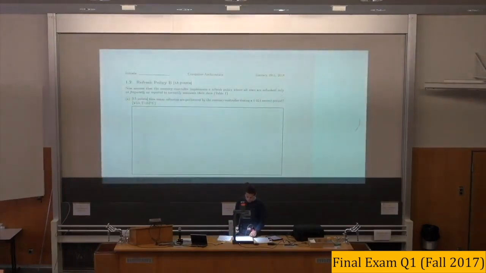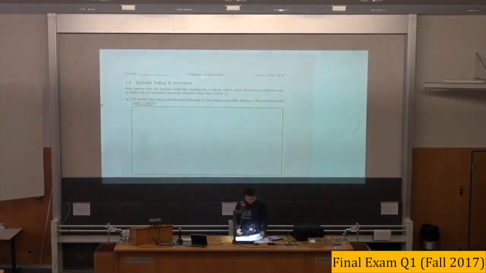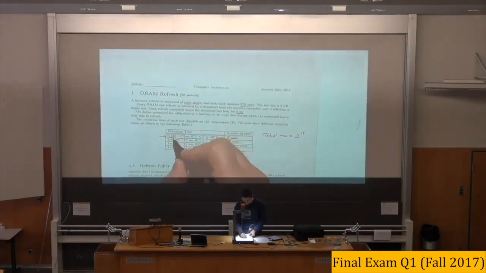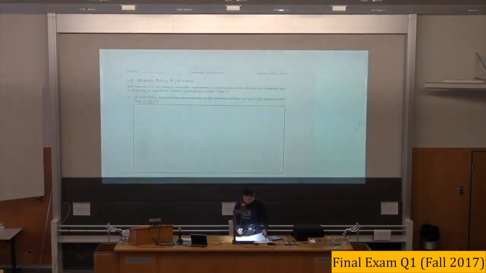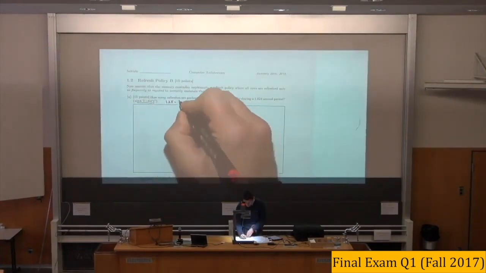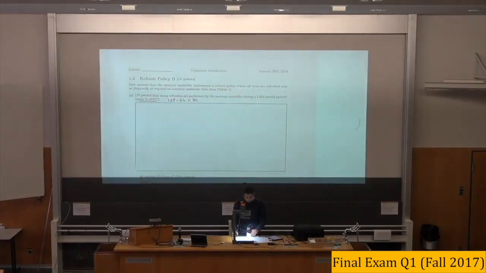So we are given a temperature which is 64, and let's directly calculate the retention time for this one, because the rest of them will just be the multiplication of the first row. So it will basically be 128 minus 64, and the retention time will be 64 milliseconds.